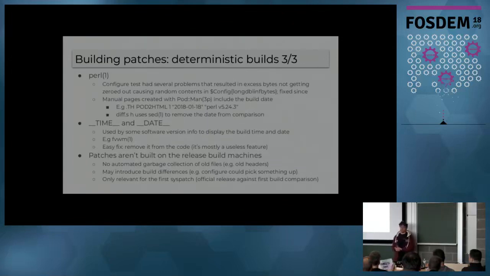You have to do that manually. And we realized that Theo's machine had a lot of headers that we didn't have, that weren't cleaned. Basically that doesn't introduce any issue. But in this case, Perl actually picked up a different option because the header was there. So of course the final binary was completely different.